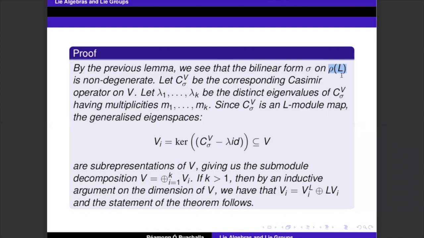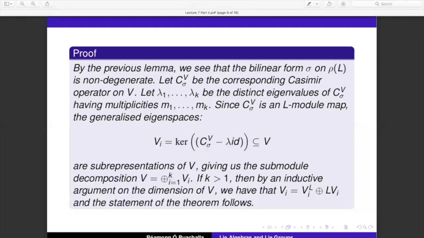We take these distinct eigenvalues and let the m sub i's be the multiplicities. Now let's consider the generalized eigenspaces. As usual, it's going to be the kernel, sorry, there's a typo, something missing here.